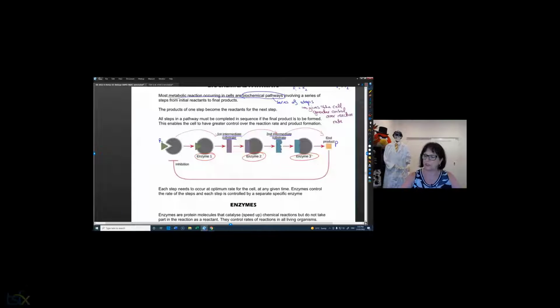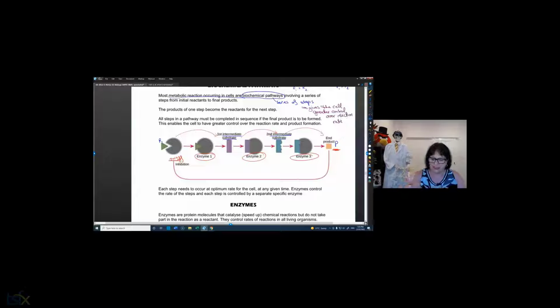And as this picture shows, sometimes the product can also turn off the reaction. So when the cell's got enough of the product, just building up that product can feed back and turn off the reaction. So can you see how there's a lot of control to go from reactants to products if it's done in lots of steps?